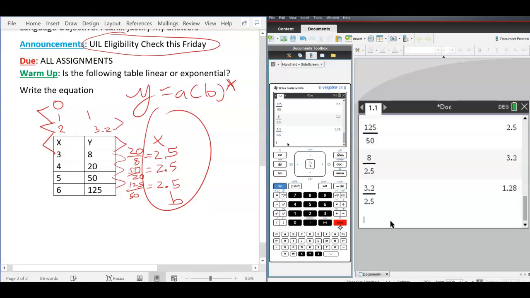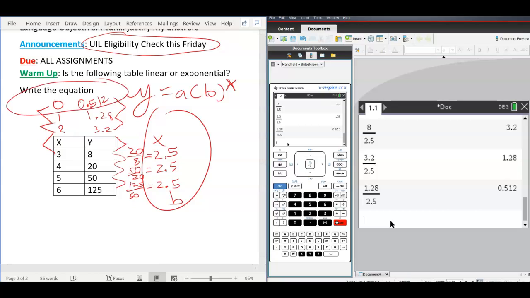I get 1.28. But I'm still not done because I need to go back one more when x is 0. So again, I'm going to divide by 2.5. And I get 0.512. So that's my A value.